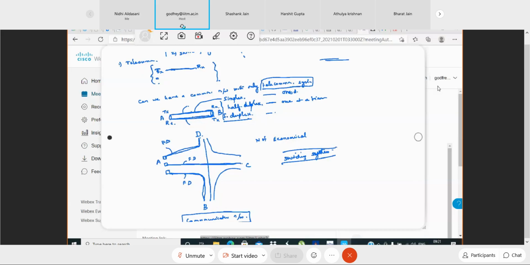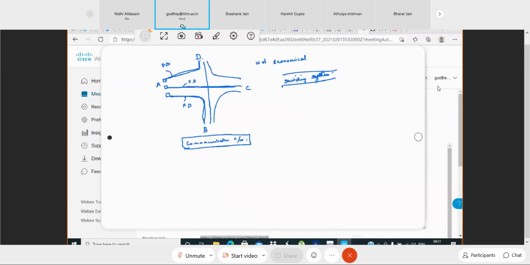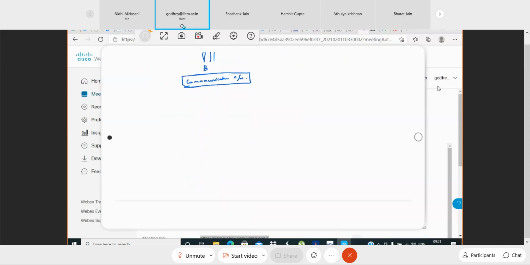Now what the switching system does is, you have a system which consists of several inputs and several outputs, and it connects the input to the output, right? This is basically what the switching system does.